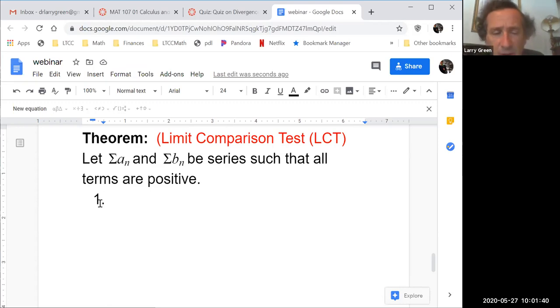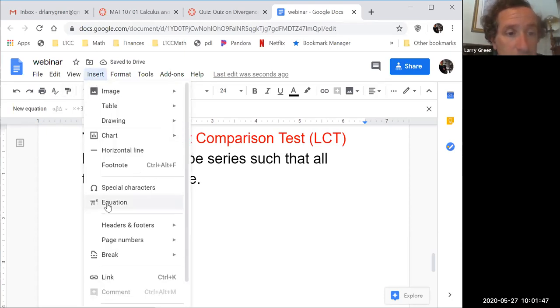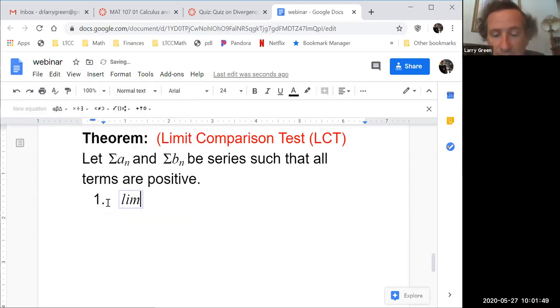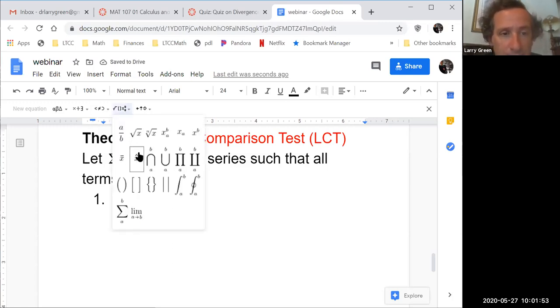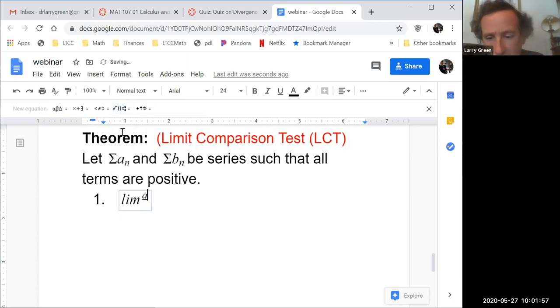Okay, so let's suppose that the limit of an over bn is a nice number, not just any nice number.